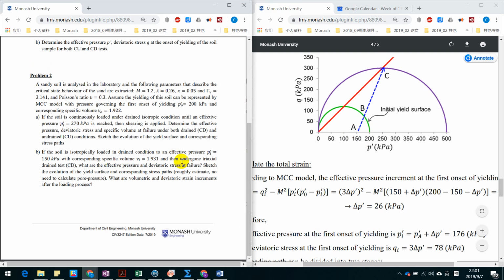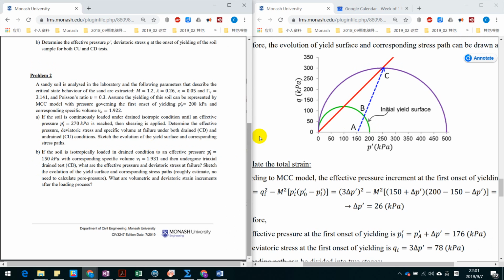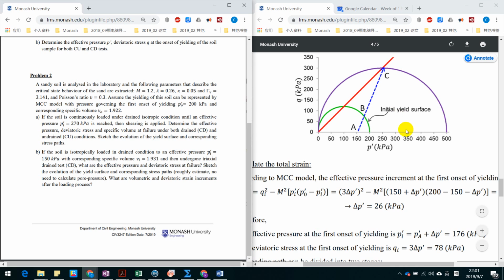And then it undergoes a triaxial drained test. That means this is a 3:1 ratio, and it's increasing from A to C and touches the CSL line.